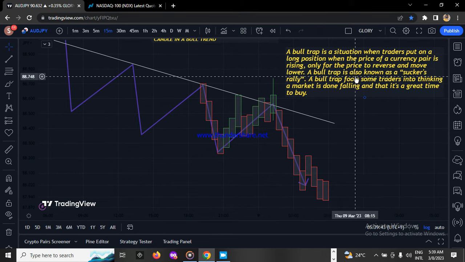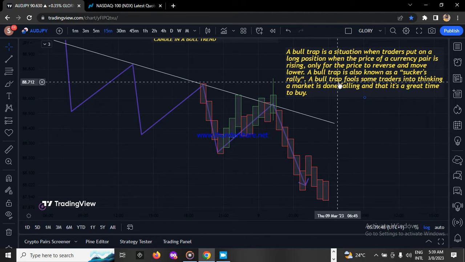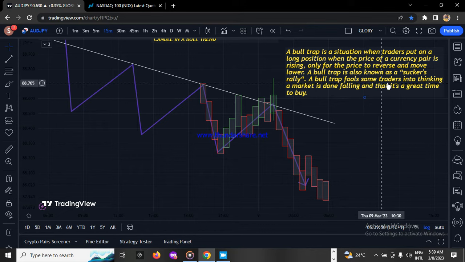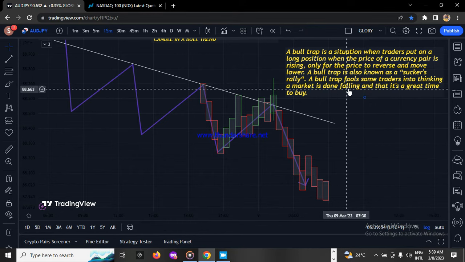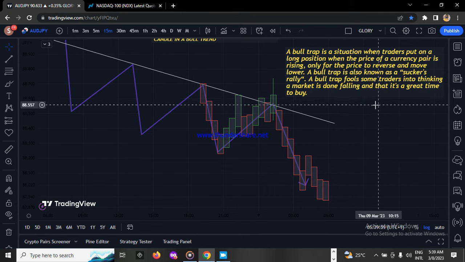A bull trap is also known as a sucker rally. A bull trap fools some traders into thinking a market is done falling, and that it is a great time to buy.